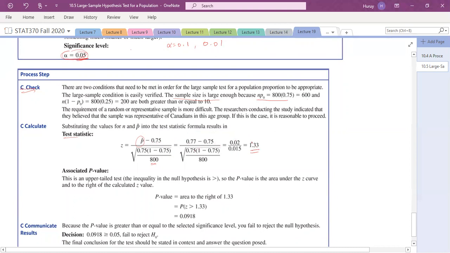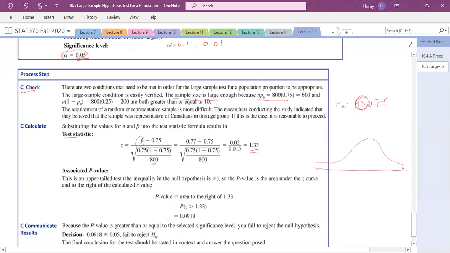Now the question is, how do I find the p-value? Remember, the p-value basically depends on the alternative hypothesis, and the alternative hypothesis is this one. And this is what I need, the inequality.